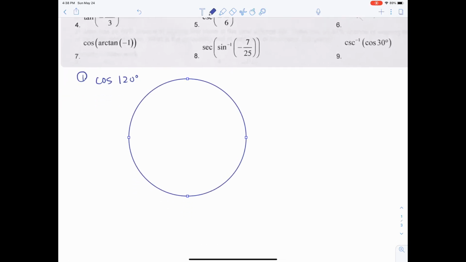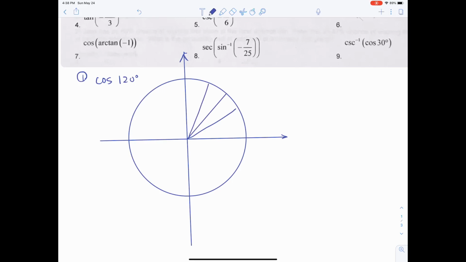That I like. So we draw a unit circle. This is the quadrant. So 30 degrees, 45 degrees, 60 degrees, and 60 degrees around here.